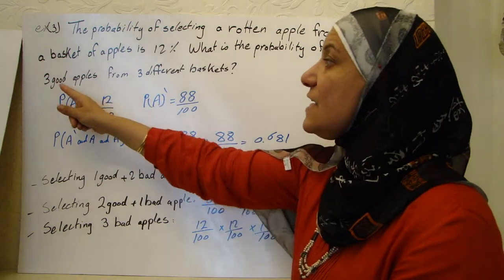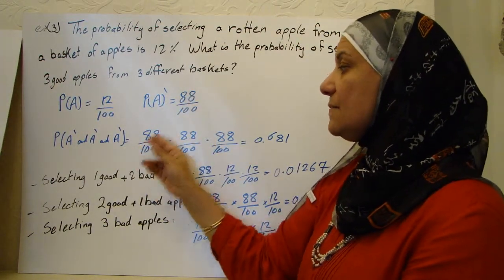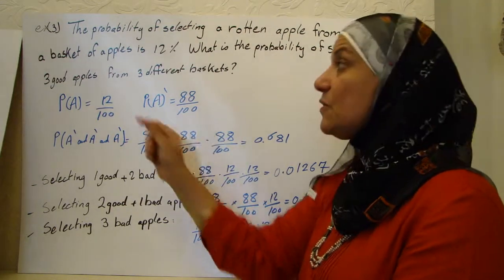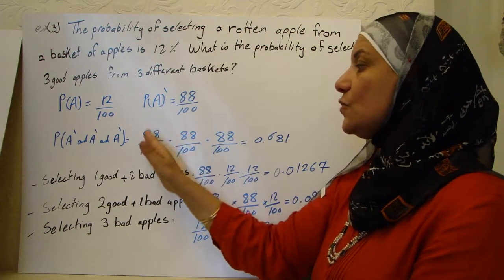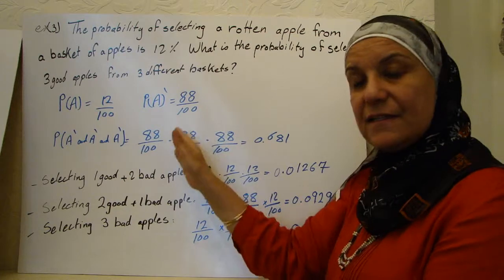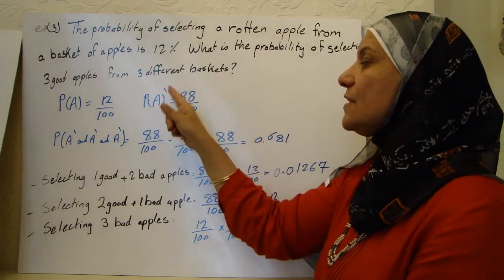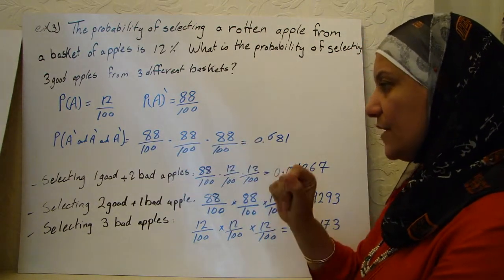Probability of having 3 good apples, which means I'm going to use the 88. How many times? 3 times. Why? Because they are independent events, because he said that I'm going to choose them from 3 different baskets. So choosing 1, choosing 2, and choosing 3 are not going to affect each other. They are going to be 3 different, but I'm going to use the complement, which is 88 over 100, 88 over 100, 88 over 100.